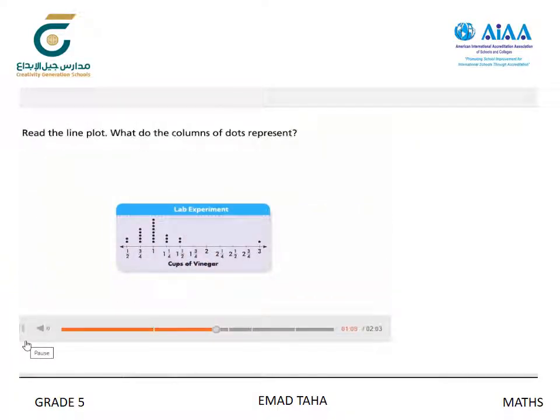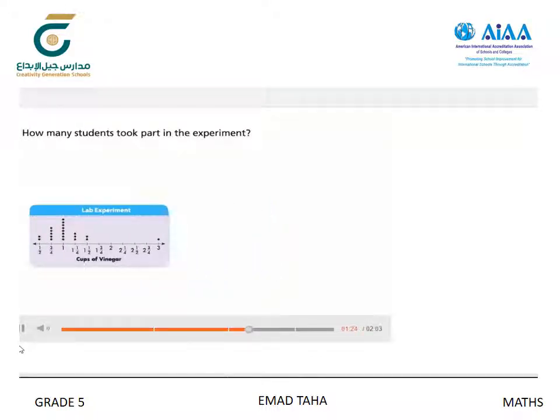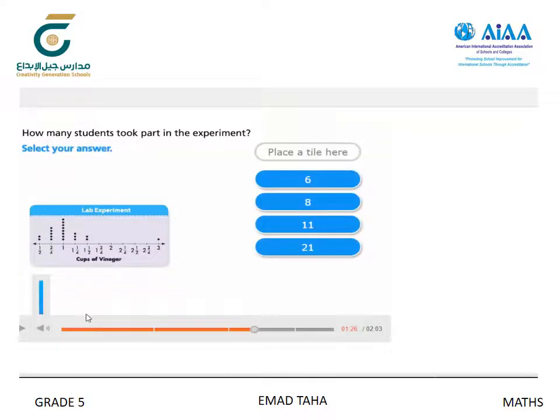Read the line plot. What do the columns of dots represent? The columns of dots represent the amount of vinegar each student used. How many students took part in the experiment? Select your answer.